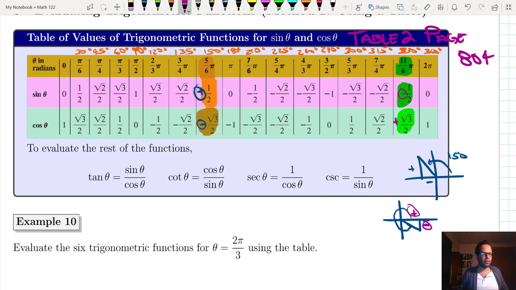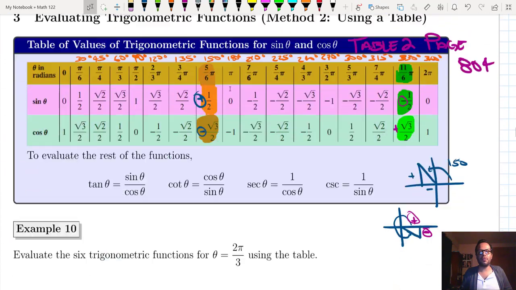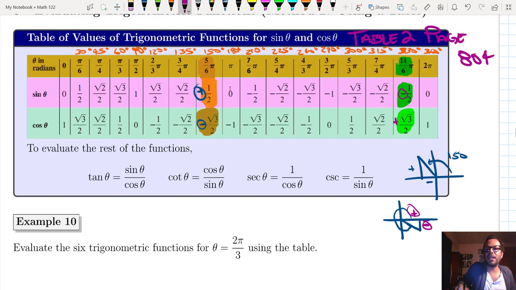Let me grab another one, for example, the one we did up here on the previous page, 5 pi over 4. Let me highlight using blue. And let me draw the corresponding picture, which was around here.